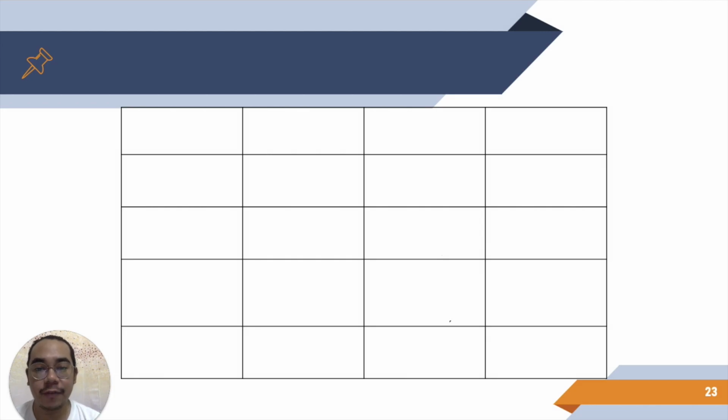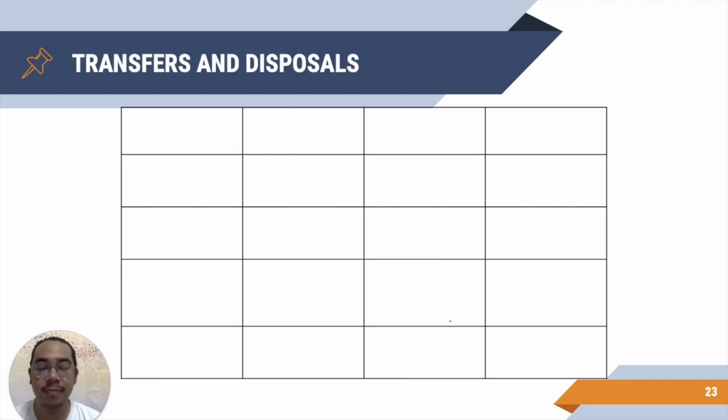So for transfers to and from investment property, you should familiarize yourselves with this table so that magiging guided ka as to how to account for this transfers. So meron tayong 4 columns. Yung first column is yung saang galing account yung transfer, ano yung account niya before. Yung second column is ano yung magiging bago niyang use or bago niyang account.